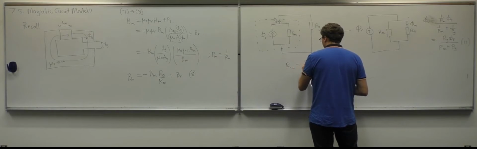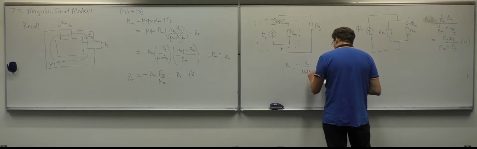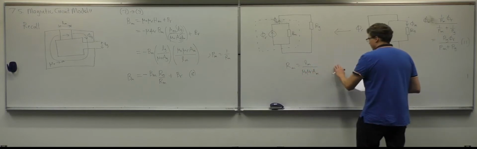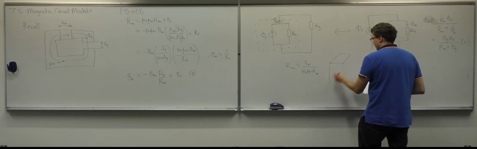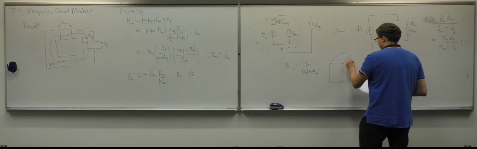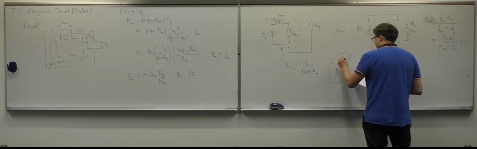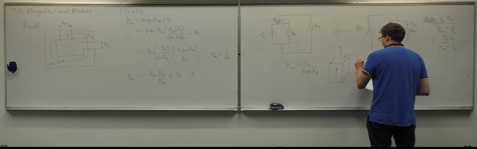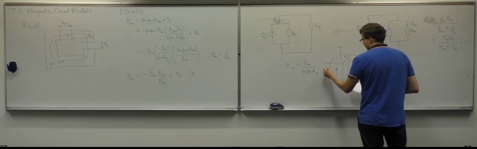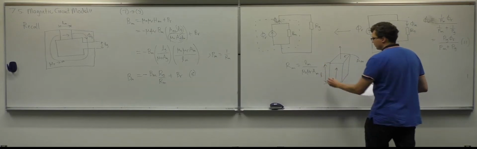is Lm over mu naught mu r Am. So if we have a magnet, then this is the area, and then this is the length.